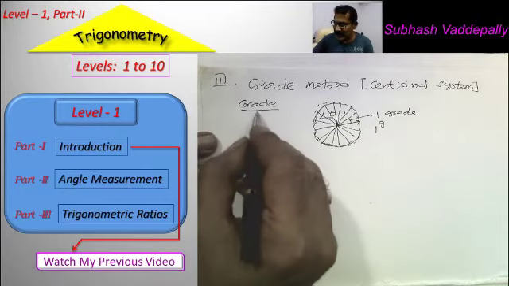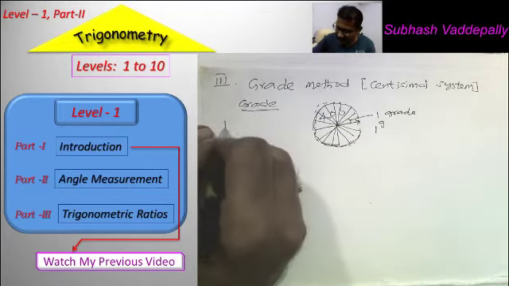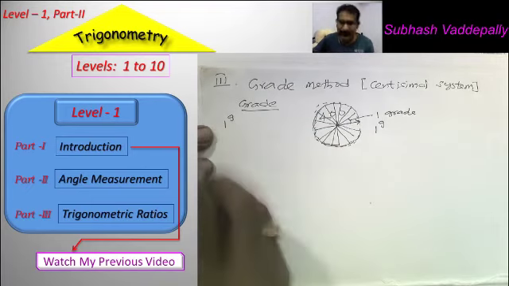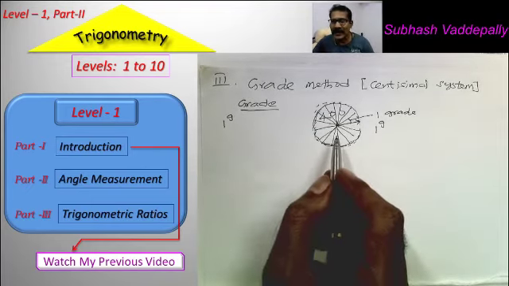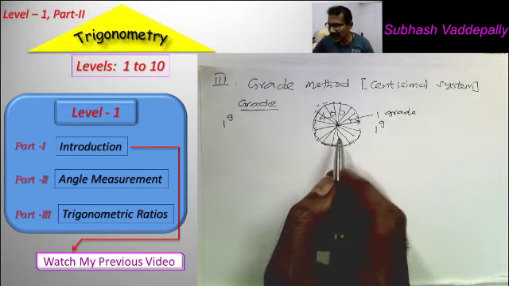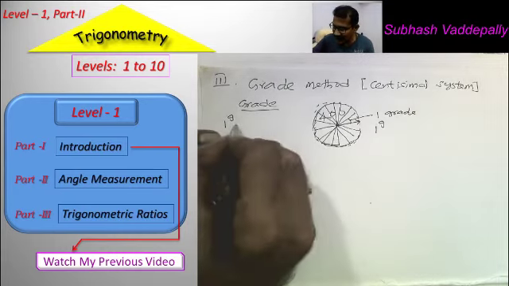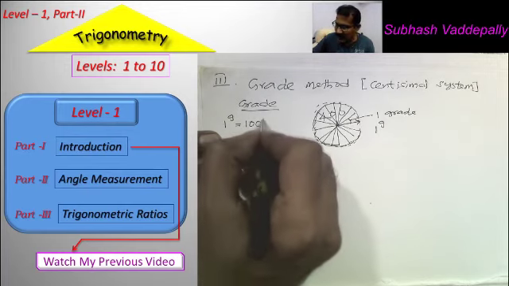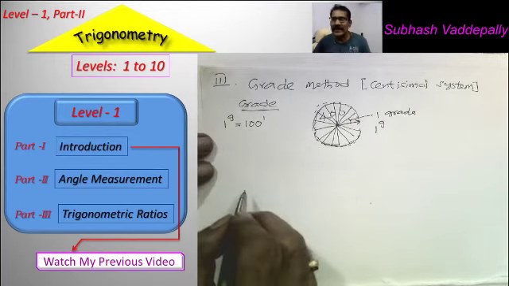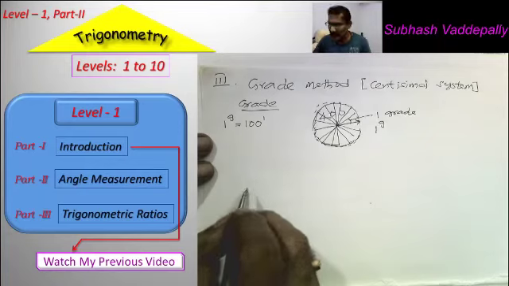In this case, the grade is the main unit. We write like 1G, 1 grade. In case the angle is smaller than 1 grade, we need some other units. That's why 1 grade we divide into 100 equal parts. Each part is called a minute. Means 1 grade is equal to 100 minutes.